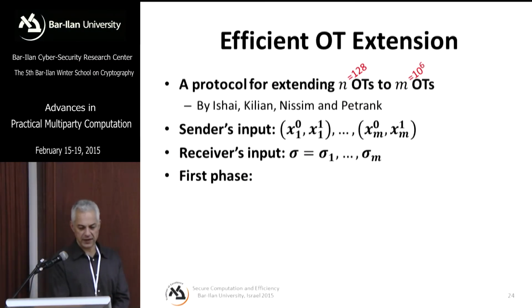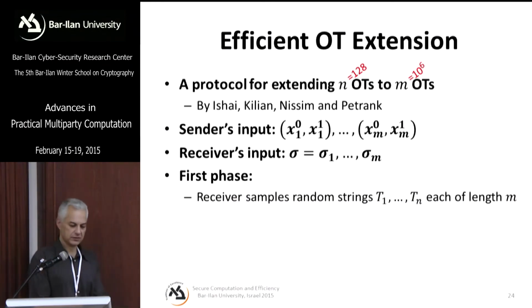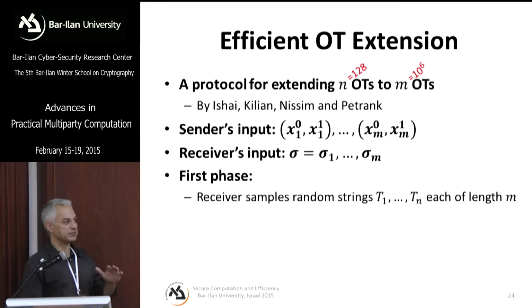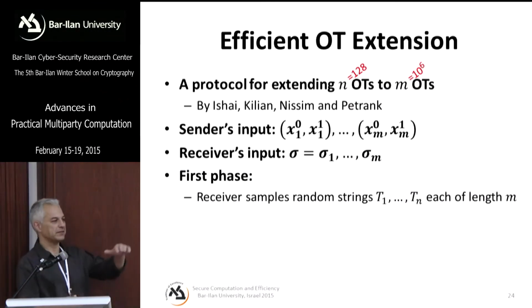So the first phase is kind of strange. The receiver samples 128 random strings, each one of them 1,000,000 bits long. So it samples only 128 strings, but each one of them is 1,000,000 bits long.